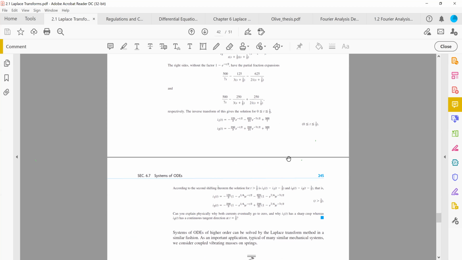I hope you got the solution I did for you guys last week. I sent it to Israel. I hope he shared it with you and you had a chance to look at it. Again, if you use the same manipulation, according to the second shifting theorem, for t greater than a half, you have I1(t) minus I1(t minus a half), and I2(t) minus I2(t minus a half).